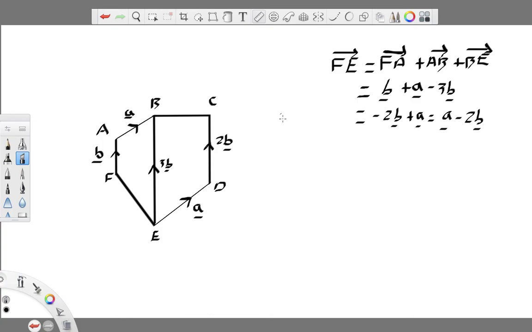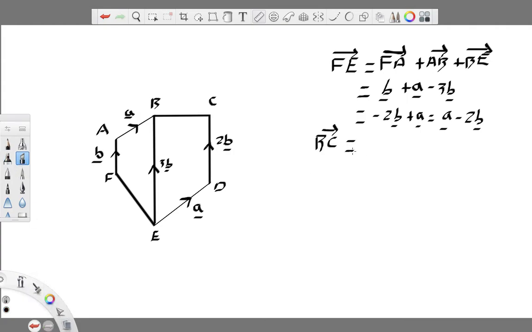Okay, so then we've got the question B to C. So again, B to C is this line here. We don't have a vector that defines that line, so we're going to have to take an alternative route and make one up. So we could go B to E, E to D, and then D to C. So again, I'll write that up.